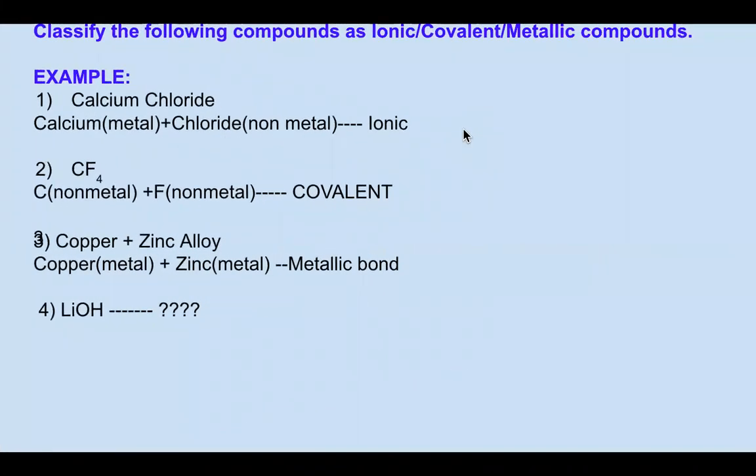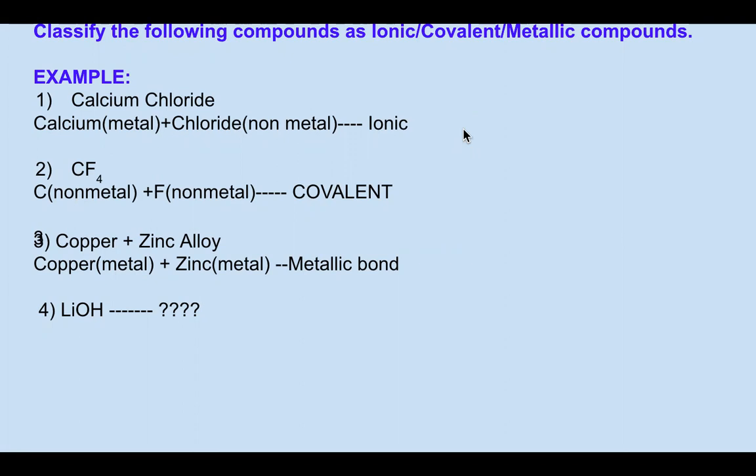Okay. So before we go into detail into ionic and covalent bonding, we'll do some practice. And we will make sure we understand the differences between ionic, covalent and metallic compounds clearly. So there is an example, calcium chloride. Classify the following compounds as ionic, covalent, or metallic compounds.